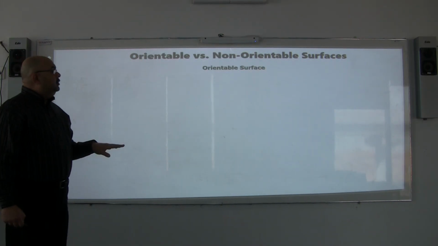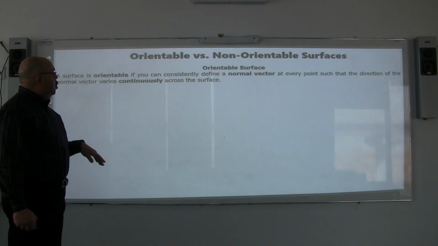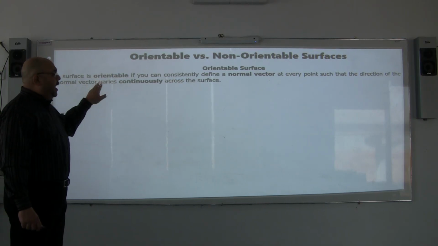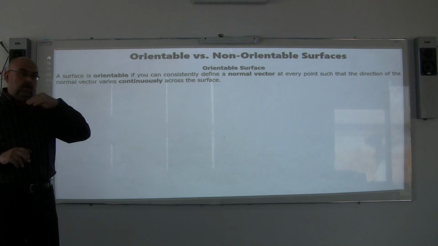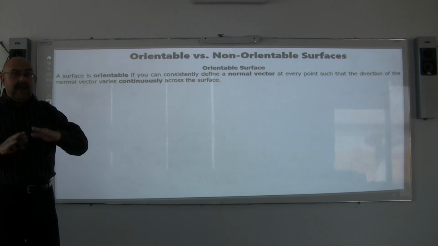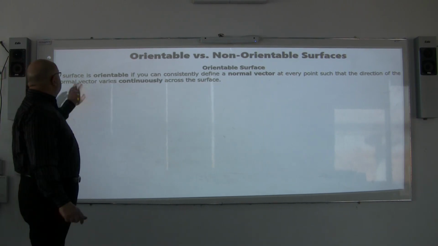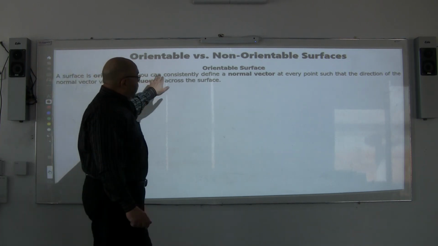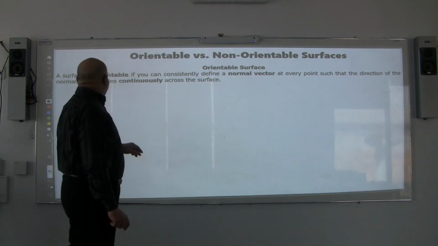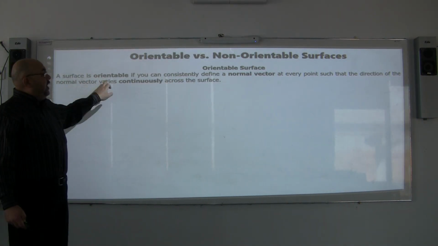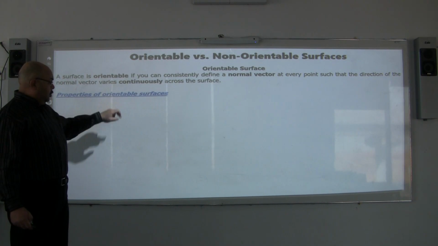So for the orientable surfaces, you can consistently define a normal vector. It has a normal vector in one direction, which is upward, and it will stay like this. So a surface is orientable if you can consistently define a normal vector at every point, such that the direction of the normal vector varies continuously across the surface.